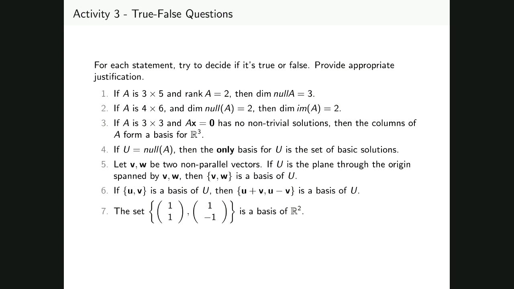This is very sneakily related to the previous activity.